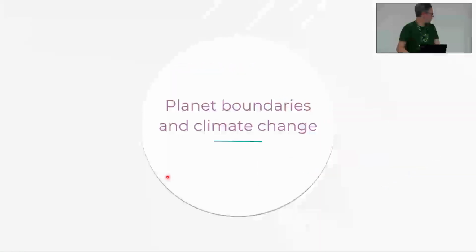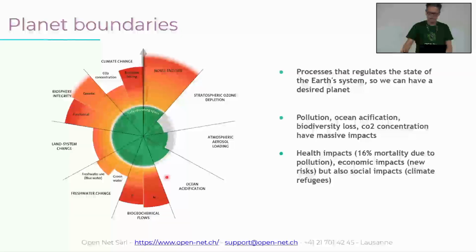In terms of planet boundaries and climate change, first I wanted to share this slide that is showing the Stockholm Resilience Center illustration that gives us an idea of the processes that regulate the state of the Earth system, with some of the most important ones around ocean acidification, around biodiversity, of course, but also CO2 emissions and climate change.